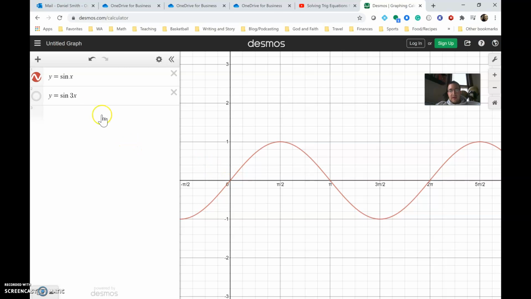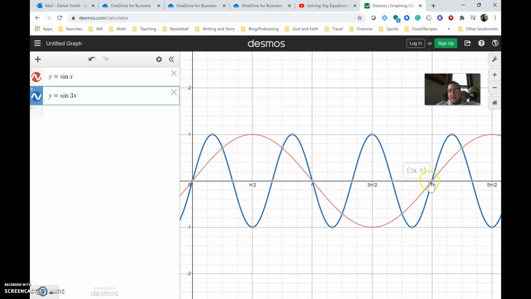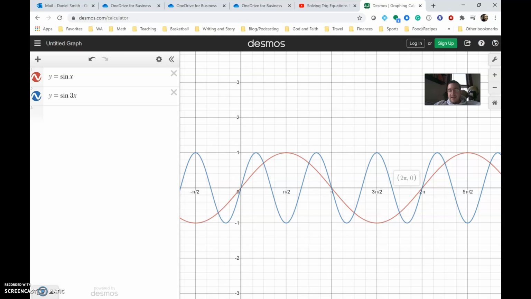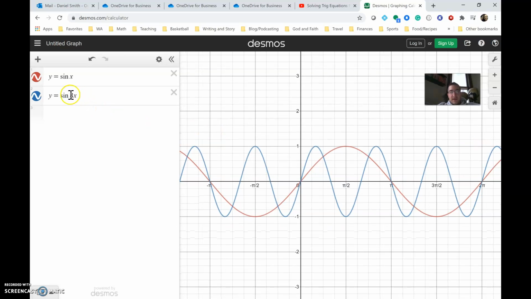So there are 3. But look what happens if I graph sine of 3x. How many answers do you see now? We see 1, 2, 3, 4, 5, 6, 7 answers within the same 0 to 2 pi domain. So some problems, if they have a 3x, will have far more answers than 2.